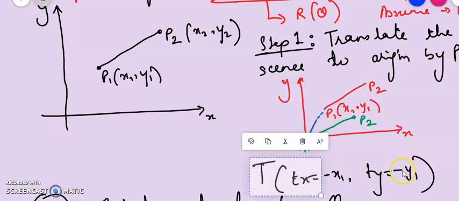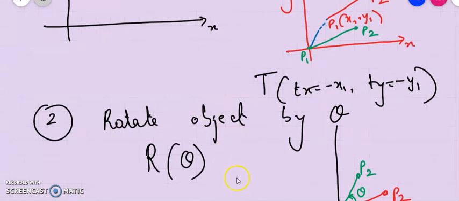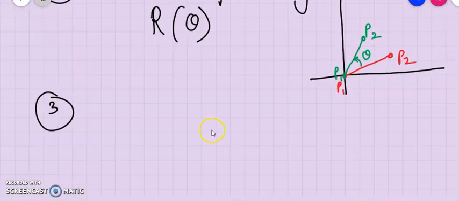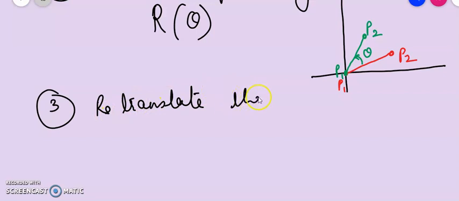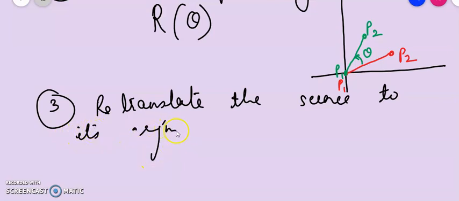Please understand, I said retranslate the scene to its original position. So I call the third transformation: retranslate the scene to its original position.